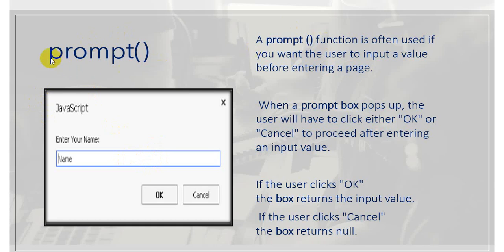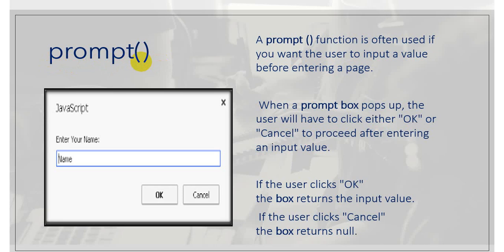This is the prompt. See, all the letters are in small case, and after that you get an opening and closing bracket. This bracket says that prompt is a function. Functions are also called methods. In all programming languages, function and method are almost the same.